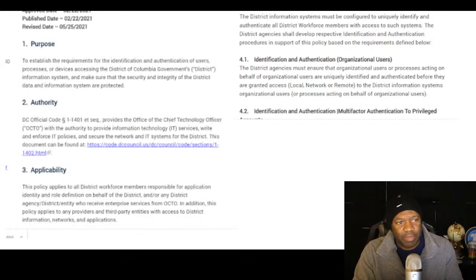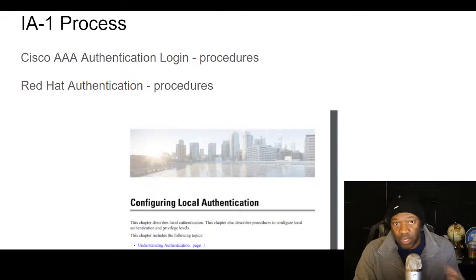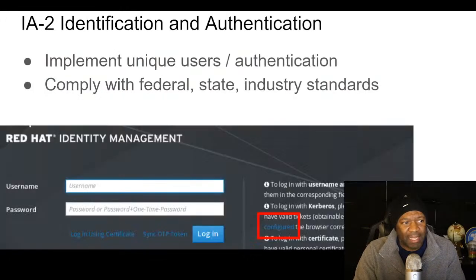We broke down what you see in a policy. I showed you a couple of real-life policies out there. Pretty soon I'm going to show you where you can download these and get more in-depth details about this particular control and others as we go forward in the week. We also talked about processes and what those look like.